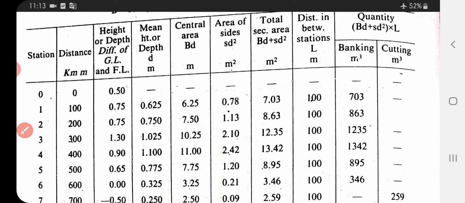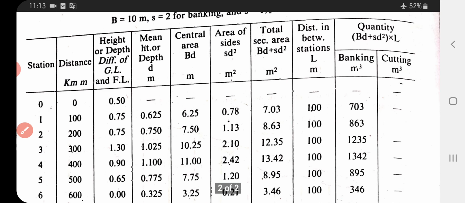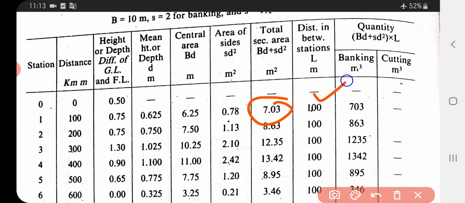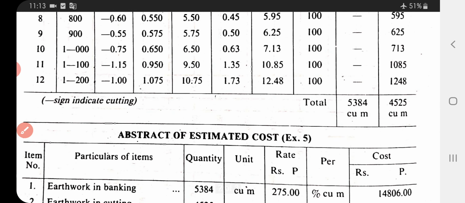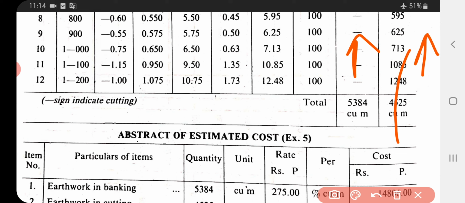At last multiply this value, 7.03 into 100, and you get these values, up to 0.600, and in cutting you will get these values. Then add this column and this column, and you will get the total quantity in cubic meters, this and this one.